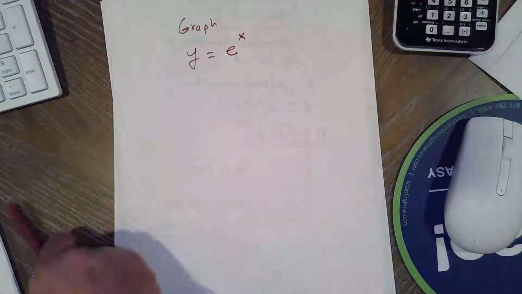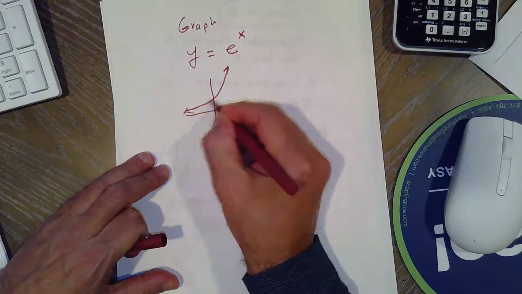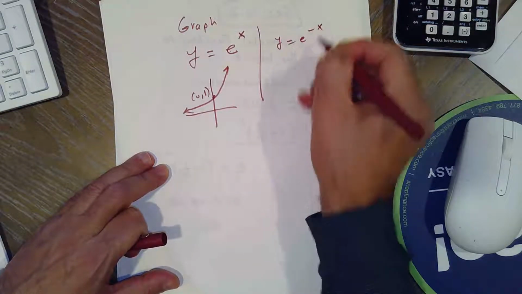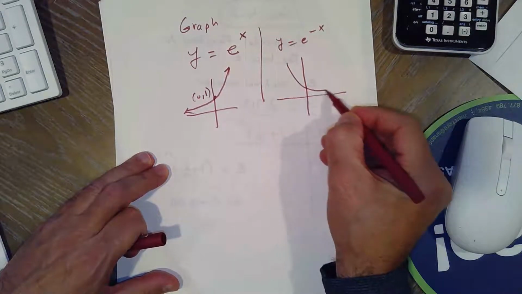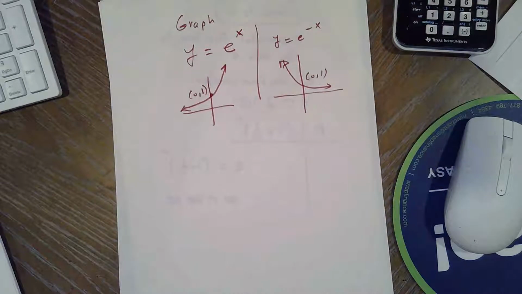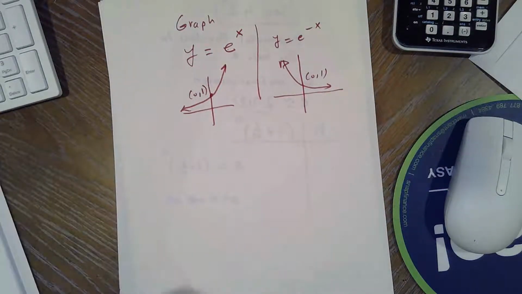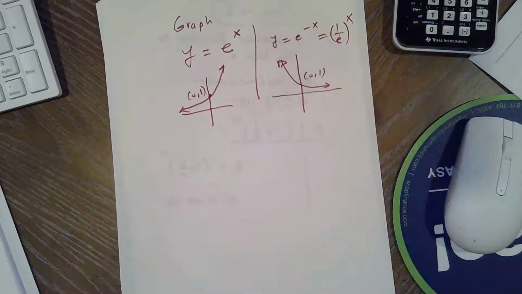So e to the x is an example of exponential growth, and e to the negative x is an example of exponential decay, because remember, this is 1 over e to the x, which is a base between 0 and 1.